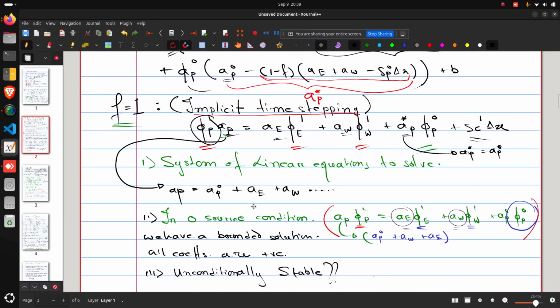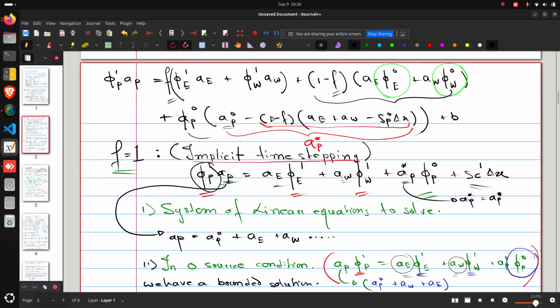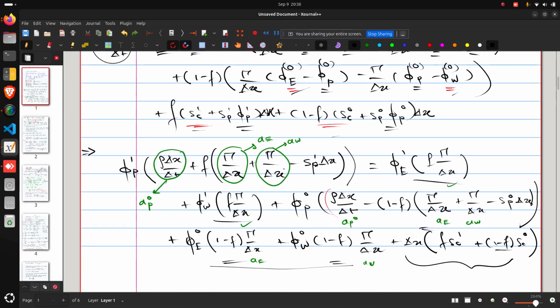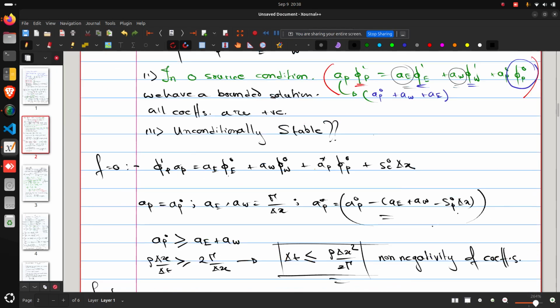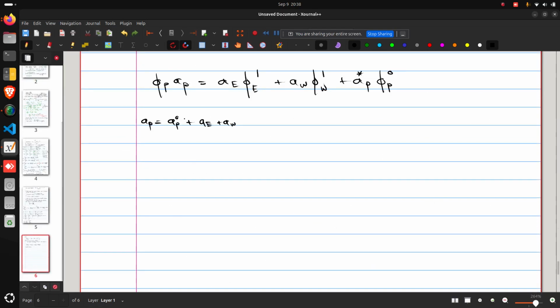So implicit scheme, yeah, AP naught plus AE plus AW, and AP star is nothing but AP naught. AP naught is nothing but rho delta x by delta t. AE, A west is nothing but gamma by delta x, and AP star is nothing but AP naught.